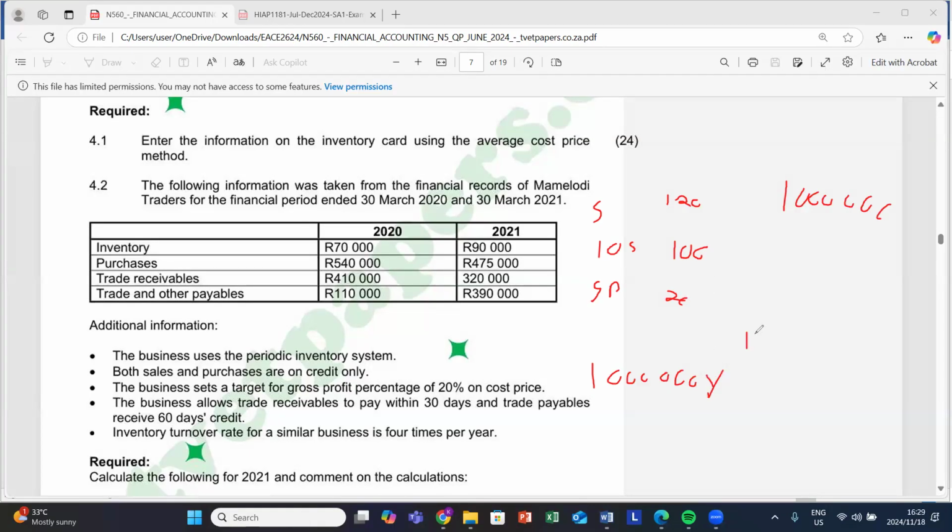For cost of sales, we'll say 100 divided by what? By 120. The percentage in which you're looking for is 100%. And what do we have? We only have our sales. But in this situation, we have neither our sales nor cost of sales, so it's futile for us to do this. It's going to be much more complex. So that is the first method of us calculating our cost of sales.